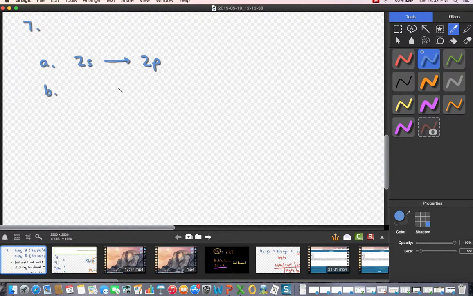For B, we're going from 1s to 3p. For C, we're going from 3s to 3d. And for D, we're going from 2s to 3s.